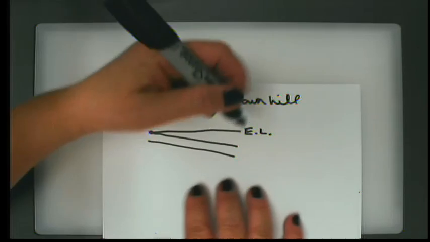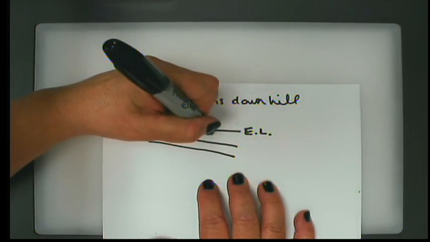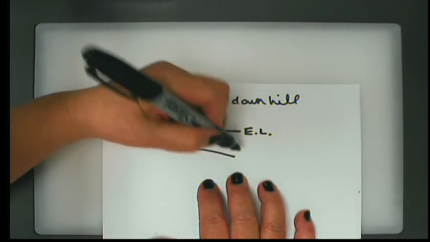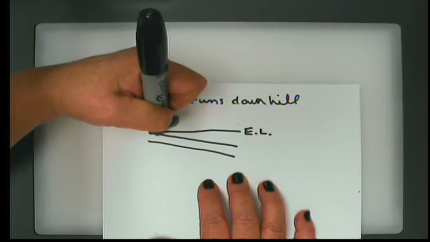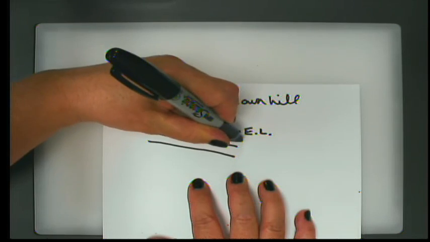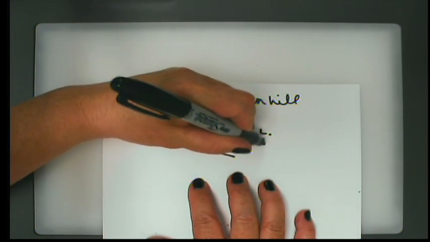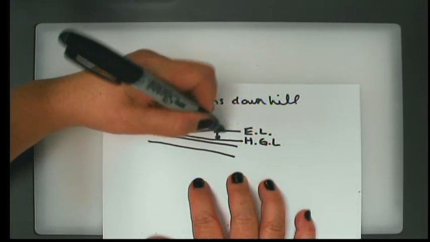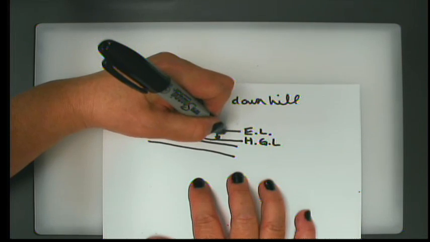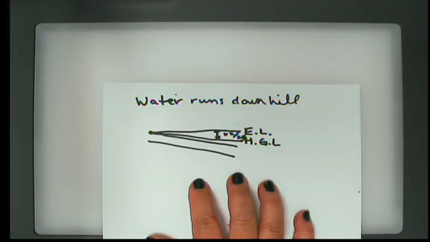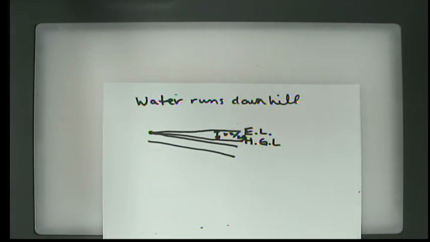Now, if you remember velocity head, v squared over 2g, as the water runs downhill, it's probably going to pick up velocity. So we have another line that we draw, which is called the hydraulic grade line. And the hydraulic grade line is just the difference between the total energy and the dynamic head, or v squared over 2g. Now, I'm going to show you a better picture of this.